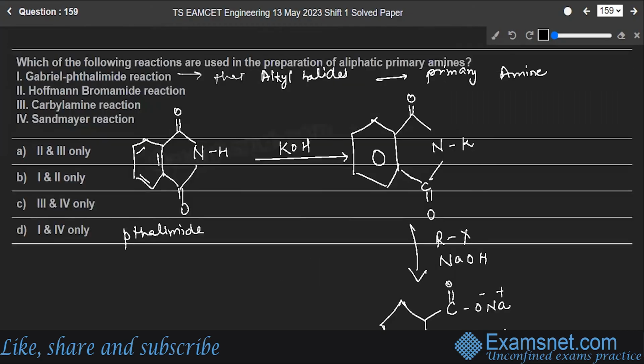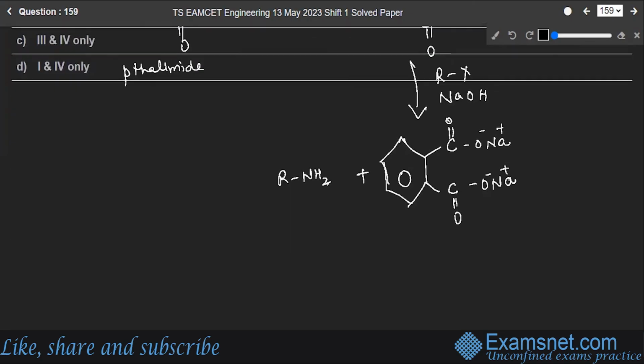And the second one, the Hoffmann bromamide reaction.